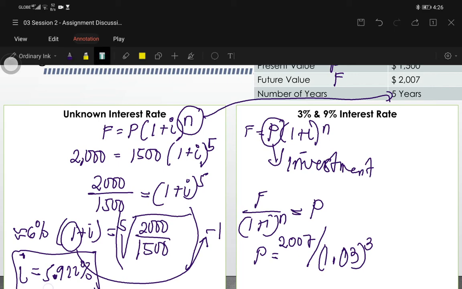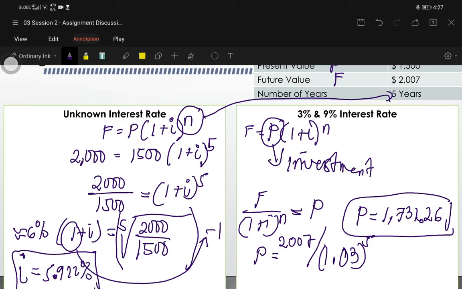This is to the power of 5. So, if you are earning an interest rate of 3% per annum, basically the value of your investment should be, get your calculators, 1,731.26.